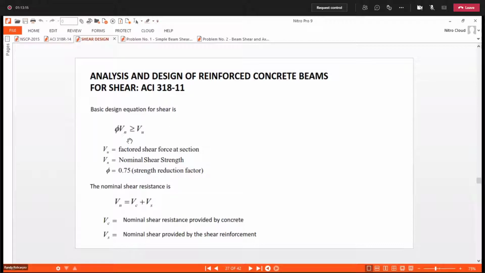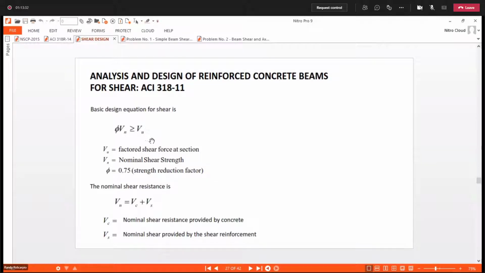The basic design equation we need to satisfy is that the factored shear capacity at a particular section must be equal or greater than Vu.